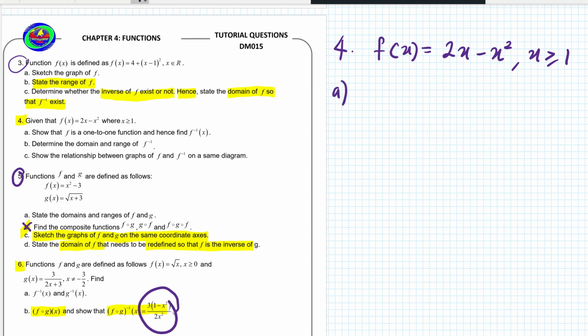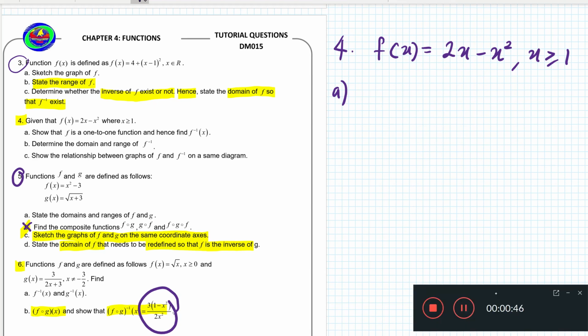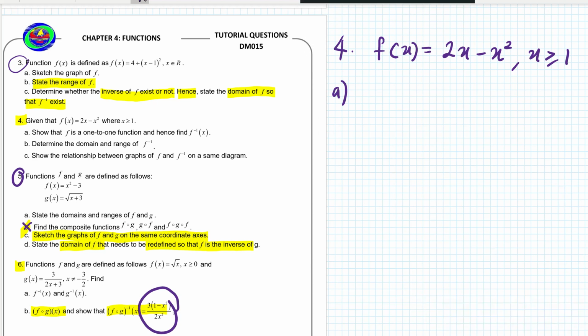So for the first question, show that f is a one-to-one function and hence find f inverse. For the first question, we will use the algebraic method in order to show that it is a one-to-one function.